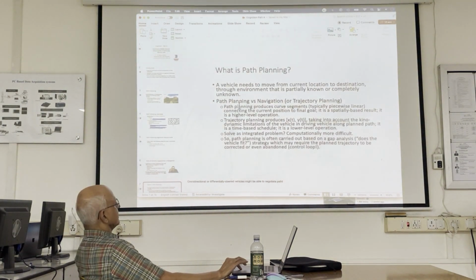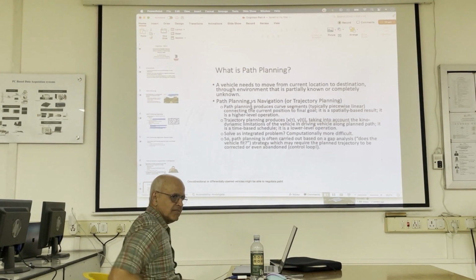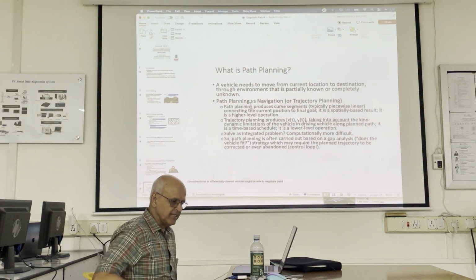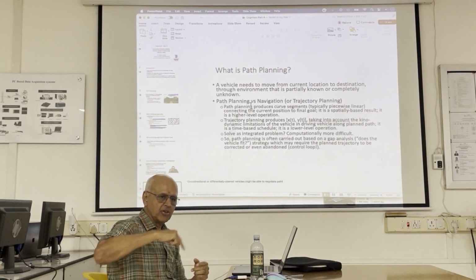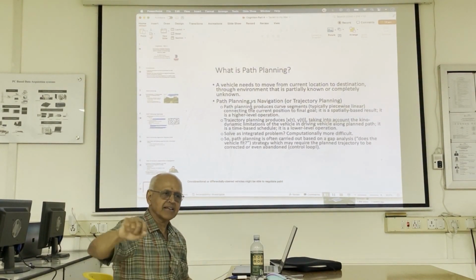So then this bullet distinguishes between these two words, path planning versus navigation, or equivalently trajectory planning. So here's the difference. The typical paths that a path planner spits out is made up of straight lines connected at sharp corners. So you draw a line like this through the obstacles, right?